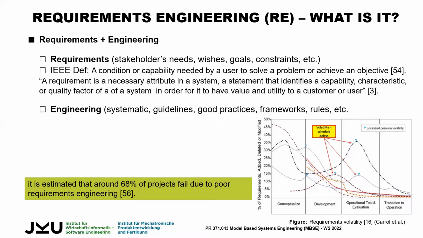Some car manufacturers sold the cars and then took them back because something was wrong, and it is disastrous. So sometimes requirements engineering actually goes to the operation part as well.